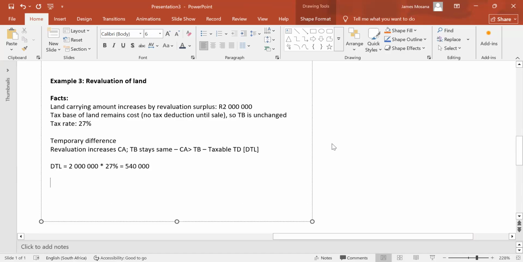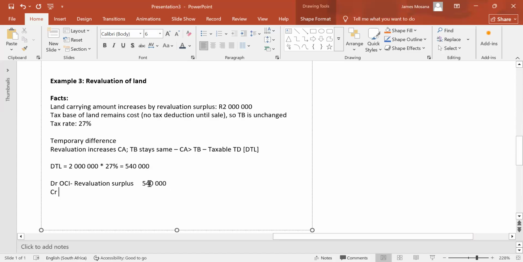Okay. So this is a liability, right? Now, the tricky part comes here. We are not going to debit income tax. We are going to debit OCI. Obviously, the contra account will be a revaluation surplus of 540,000.